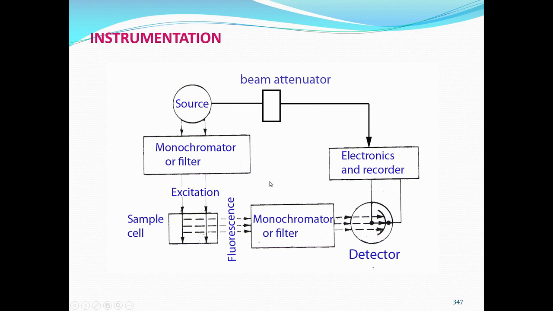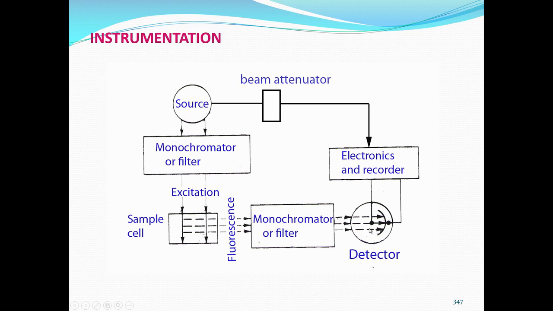experiment. So, basically the instrumentation is very simple, and it needs two monochromators, a sample cell, a beam attenuator, a computer and other things, and we also need a detector.